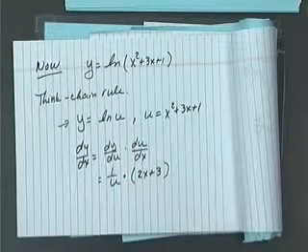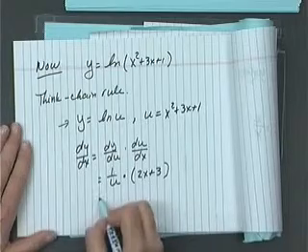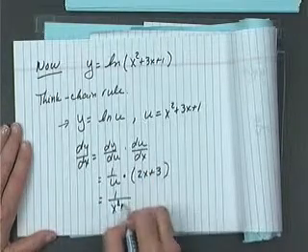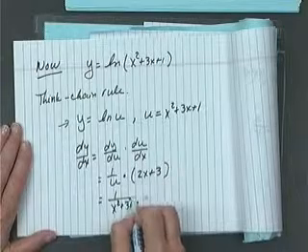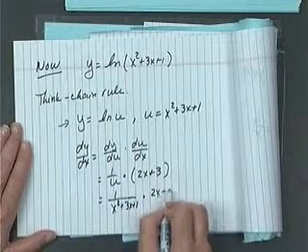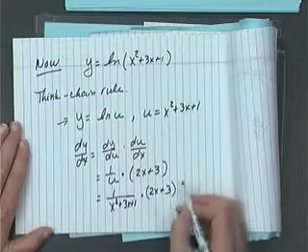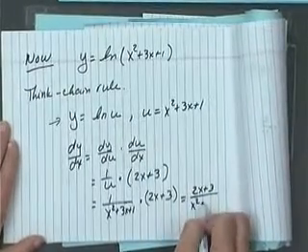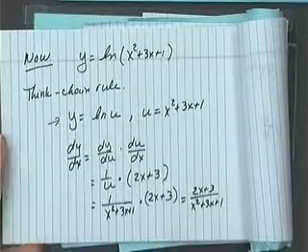U's were our own creation to help us see how to do it. So we want to substitute back. U is x squared plus 3x plus 1, so we have 1 over (x squared plus 3x plus 1) times 2x plus 3. And some people will write this as 2x plus 3 over x squared plus 3x plus 1.